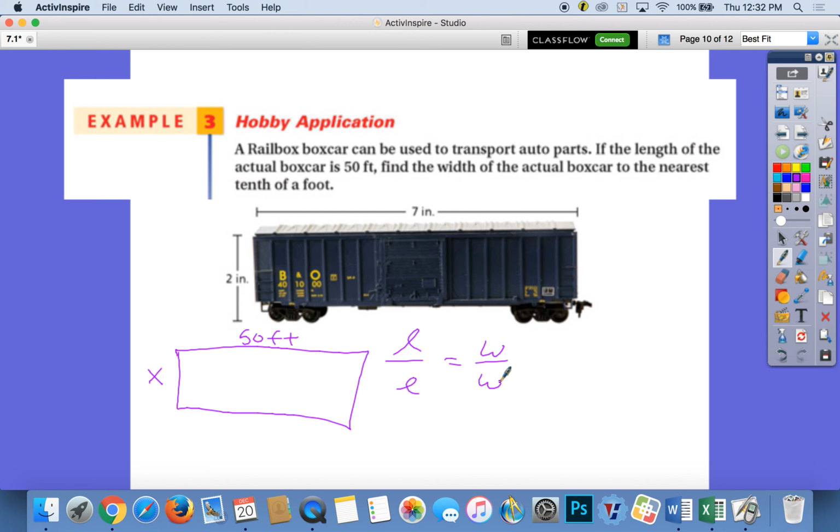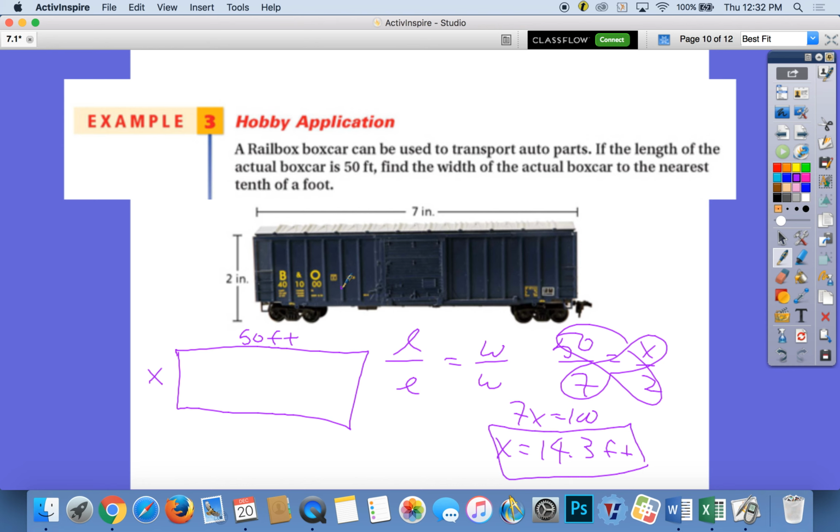Okay? So 50 is proportionate to 7 because those are corresponding sides. And x is proportionate to 2. Do your cross multiplying, and you end up getting 7x equals 100, and divide, and x is going to be 14.3 feet.